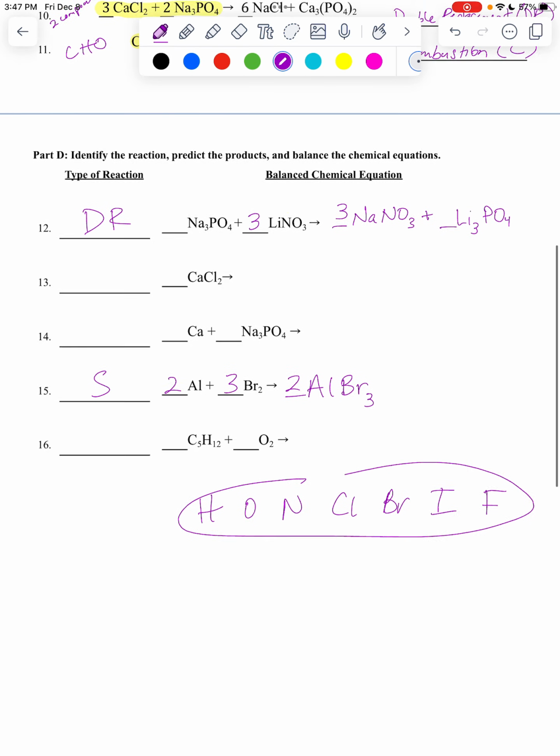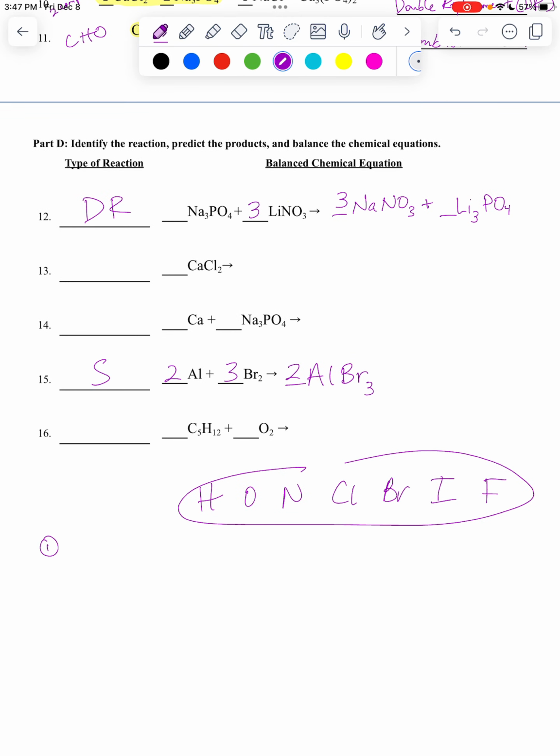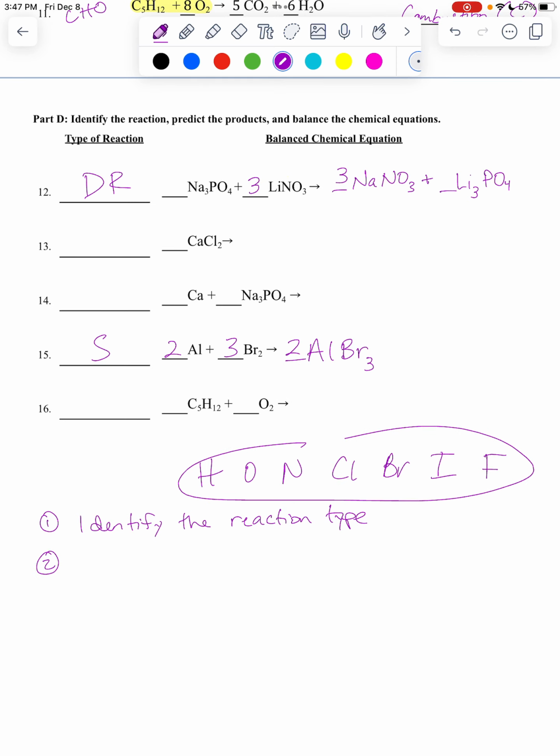What I would say is for these, it's 1, identify the reaction type. Without identifying the reaction type correctly, you won't be able to actually predict the products because you won't know what's supposed to happen. So once you identify it, you're then going to predict what the products would be. So predict the products, and please make sure to rebalance charges.